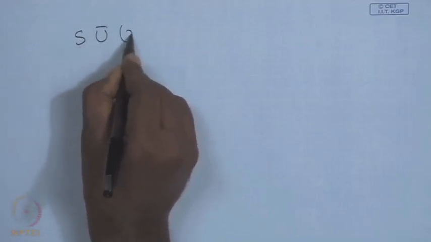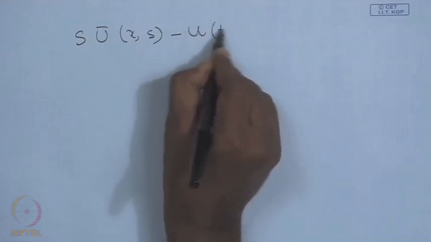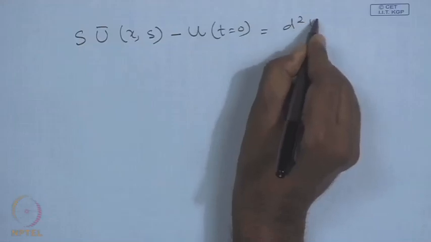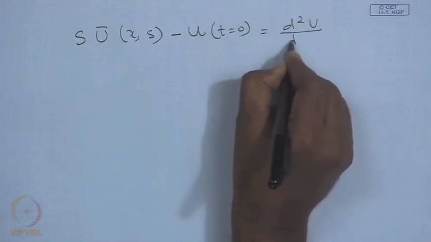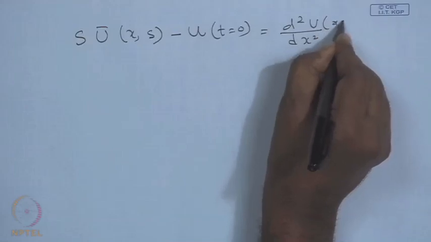So, what we will be getting is that s u bar x s minus u at t is equal to 0. This is equal to, on the right hand side, d square u d x square, where u is nothing but a function of x and s.